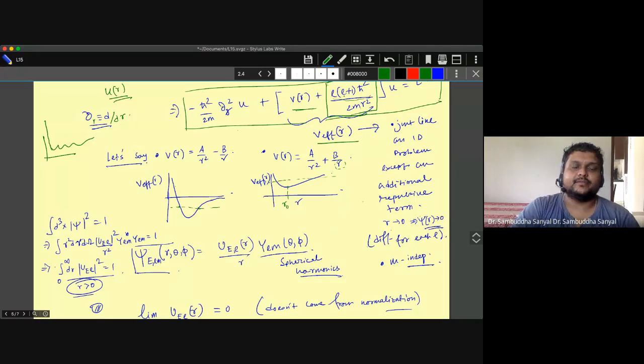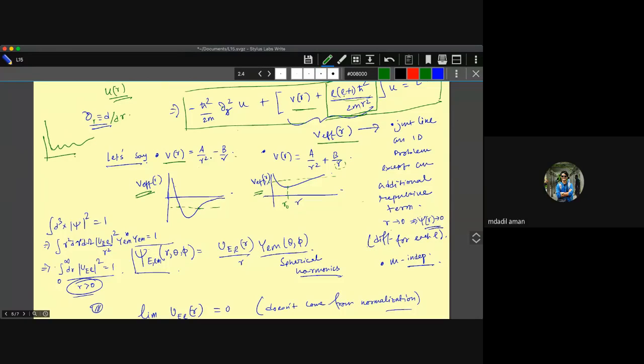Let me tell you the motivation why I was doing these two plots. Let's say I have a particular potential which is A r square minus B r. Oh, I see. I know why I did this plot. I think I know, because for this Br I am plotting the B effective r.